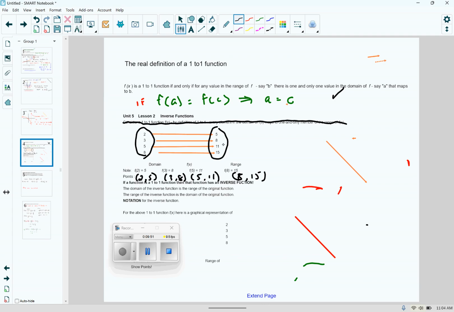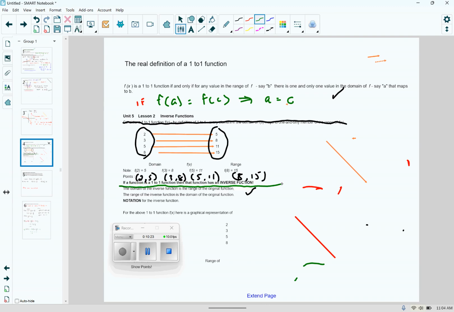And this is a very, very important property of one-to-one functions, regarding the domain of the inverse function. So if you look at this line right here, if a function is one-to-one, then that function has an inverse.